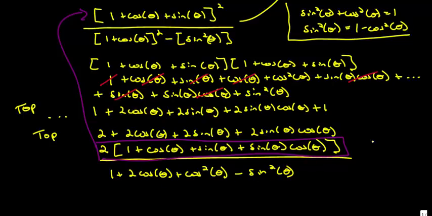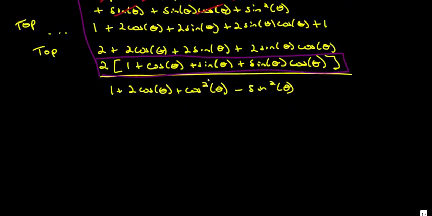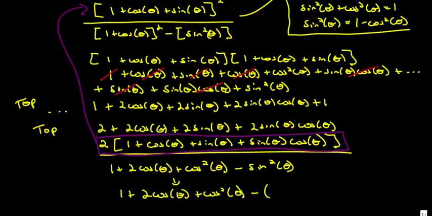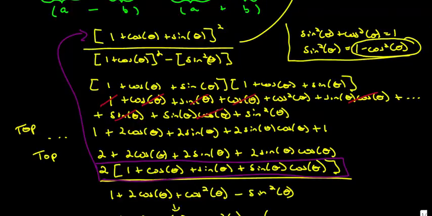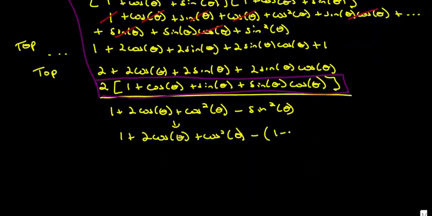So the numerator stays the same. This denominator becomes 1 plus 2 cosine theta plus cosine squared theta minus this guy right here, because I'm going to insert it for sine squared. So that's 1 minus cosine squared theta.